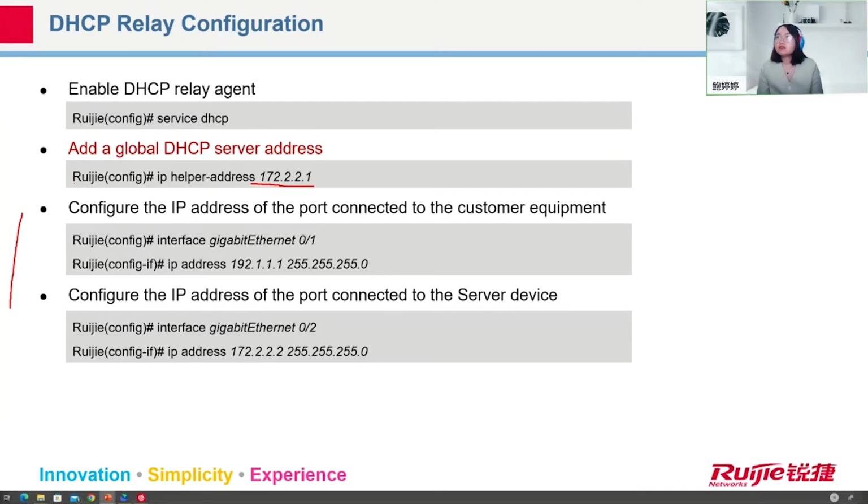And later, this device will become the DHCP relay and receive the DHCP discover message from the client. It will directly convert it to unicast, and the destination IP address will become 172.2.2.1. So this is the configuration of the relay.